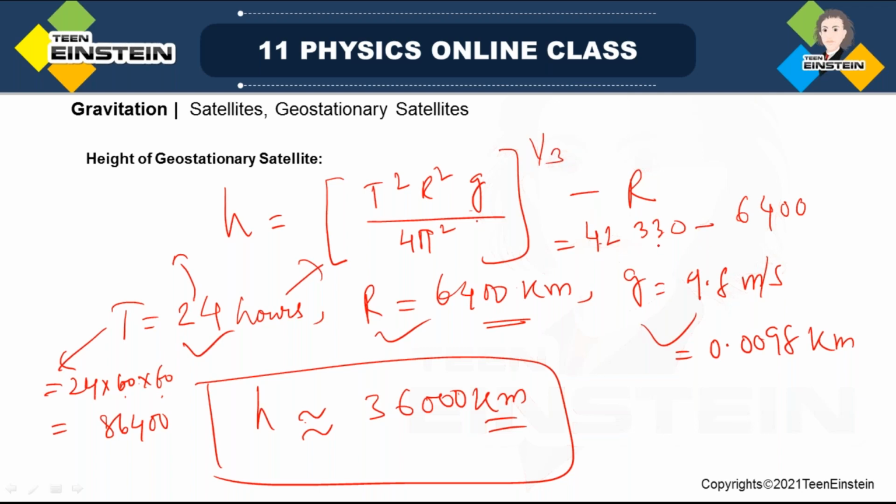So these are all in kilometers. Now if you just subtract this, you will get something like 35930 kilometers. From there we can write 36,000 kilometers. So this is the height of the geostationary satellite.